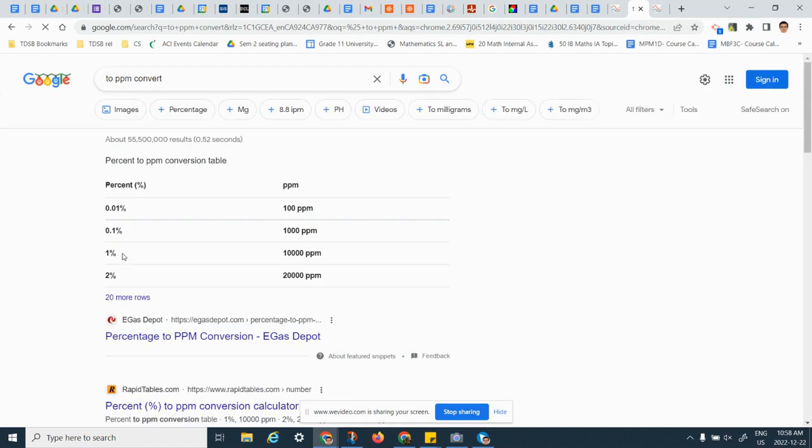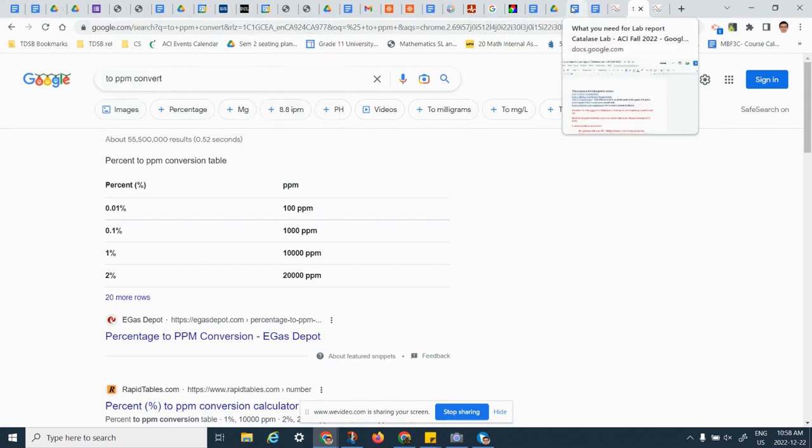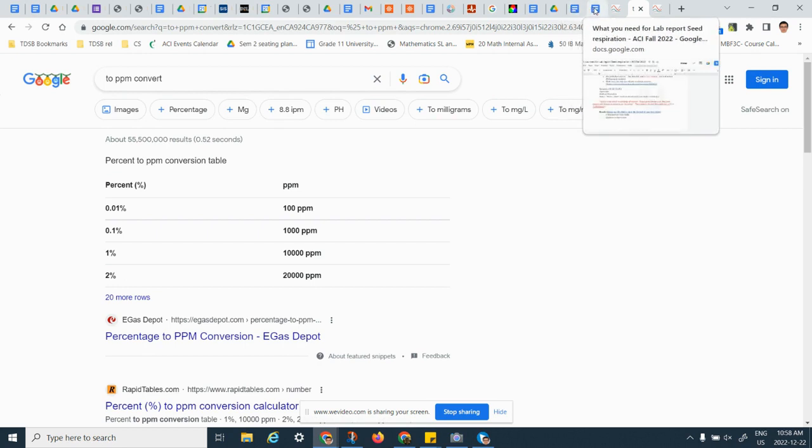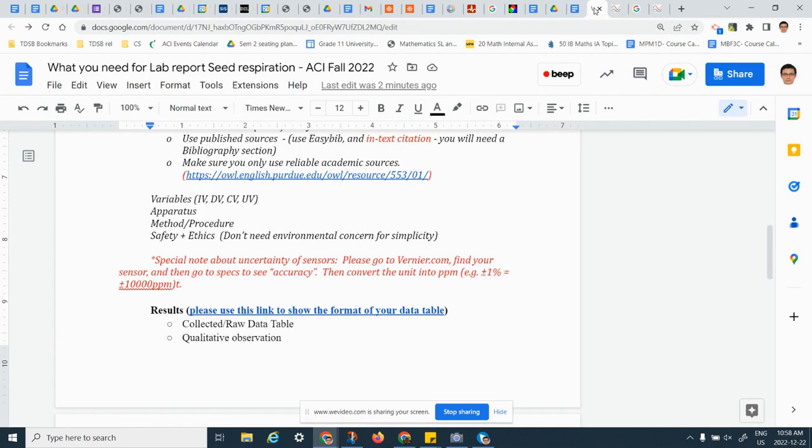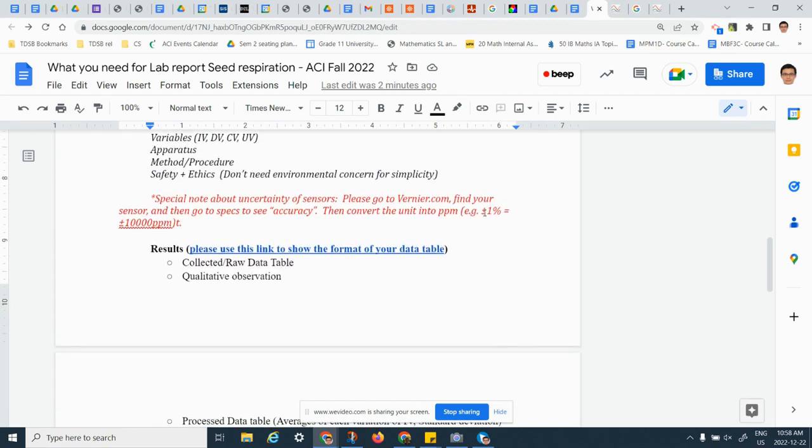I just looked it up. Oh, 1% is 10,000 ppm. So in this situation, if you're the lucky group that used that particular sensor, your uncertainty for the sensor will be plus or minus 10,000 ppm.